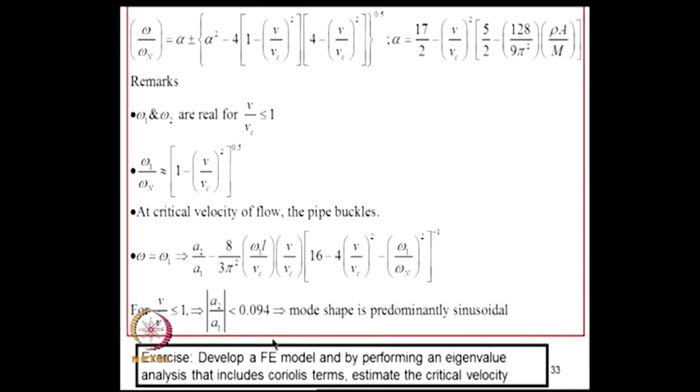Now if we examine this we see that there are 2 roots because we have written 2 terms, and omega 1 and omega 2 are real whenever velocity is less than the critical velocity, and we can approximate this by ignoring the terms involving mass.